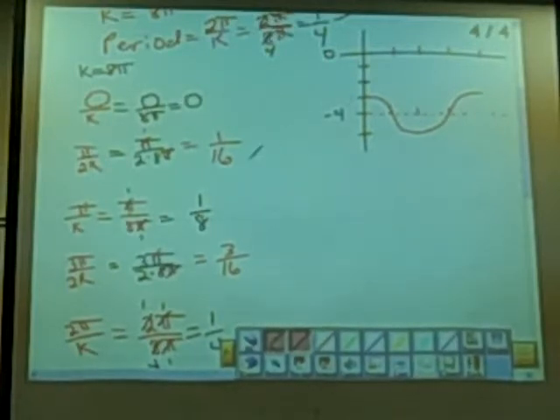Okay, so here we're at 0, and what is this first value, not pi over 2, but what is it? 1 over 16, right. This is 1 over 16 here. And this is not pi, this is what? 1 over 8, right. And this is not 3 pi over 2, it's 3 over 16, and then this last one is 1/4.